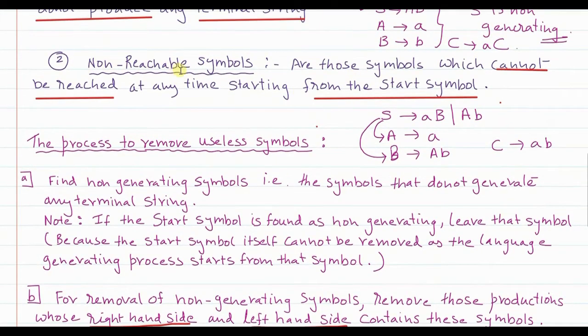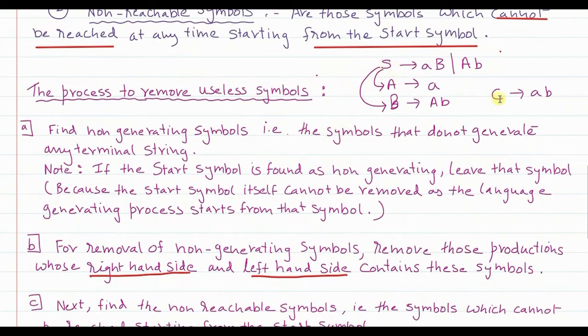Whereas which are the non-reachable symbols in this case? C happens to be a non-reachable symbol, because from the start symbol there is no way you can reach C, because even through A and B you cannot reach C. So C is said to be a non-reachable symbol.